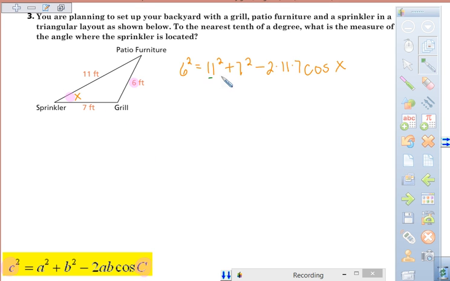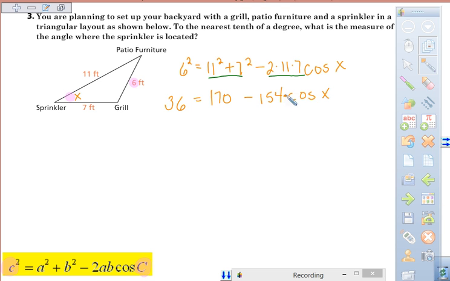So I'm going to simplify this and this on my calculator. So I get 170 minus 154. Now this is where our problem is different.